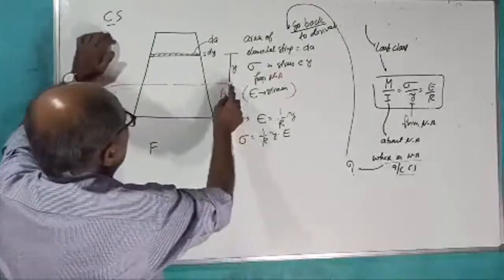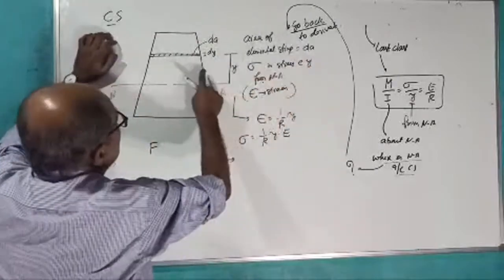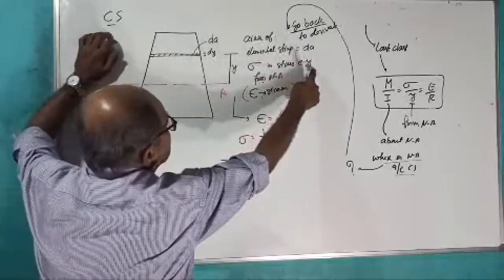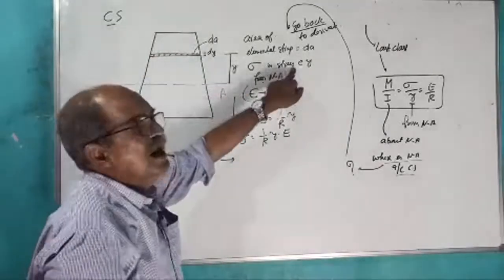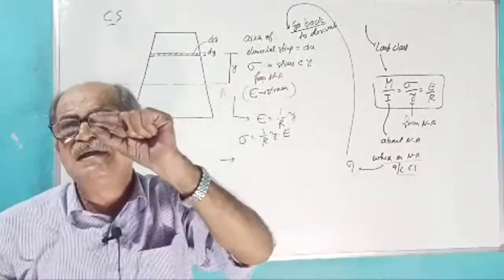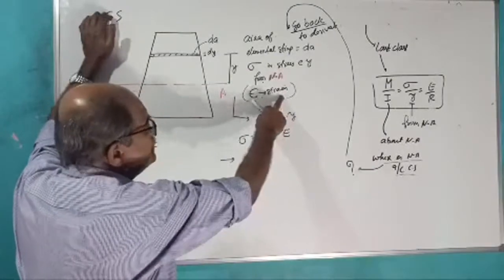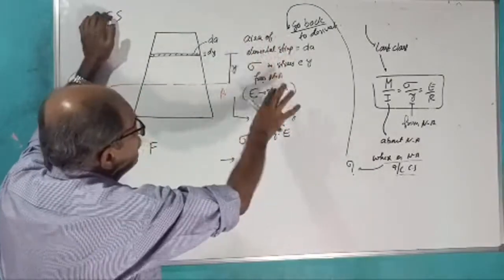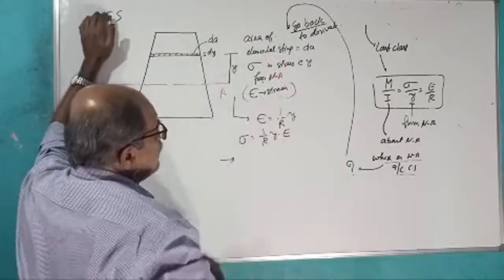Let sigma be the stress on that elemental strip at y from the neutral axis, and epsilon be the strain. We already proved earlier that epsilon equals 1 by R into y. Remember or not?